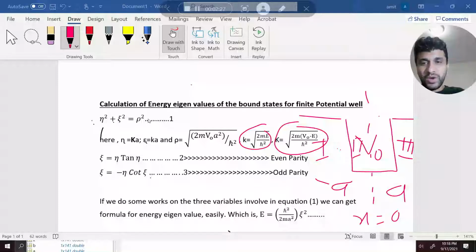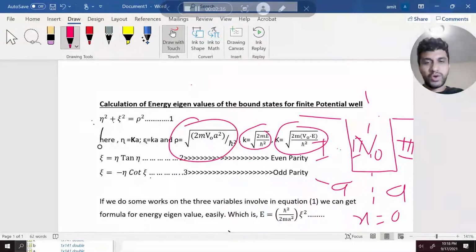And in equation 1, on the right hand side, you can see rho. That rho is this one, and it depends on the width of the potential and the depth of the potential well, V naught.